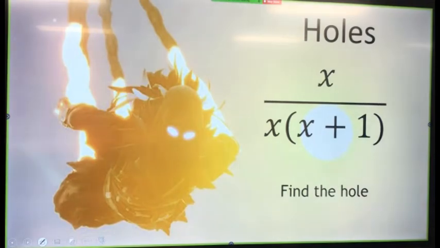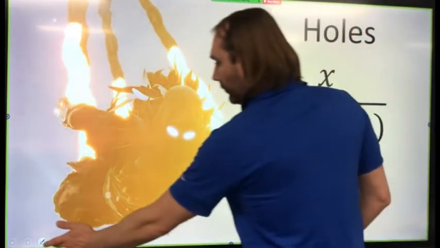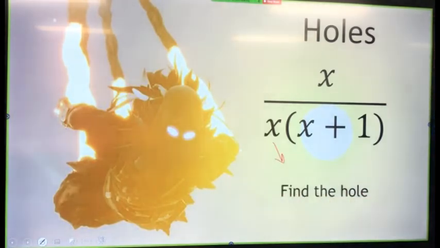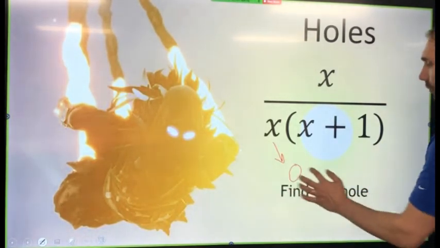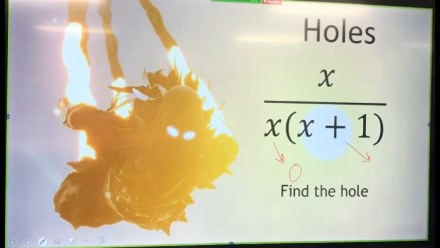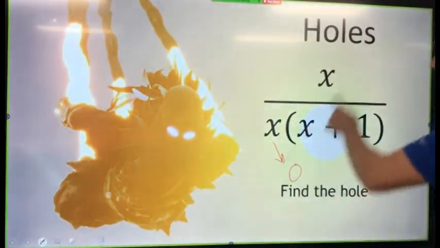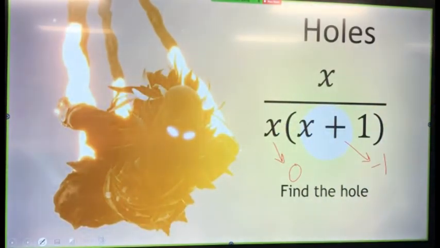Okay. So looking at the process, I have x over x times x plus 1. Before we do anything, we need to find out what makes the denominator 0. What makes that x value 0? 0. What makes x plus 1 0? Minus 1. Now I need to decide, does that simplify with anything on the top? Or, as famously said incorrectly, cancel out.